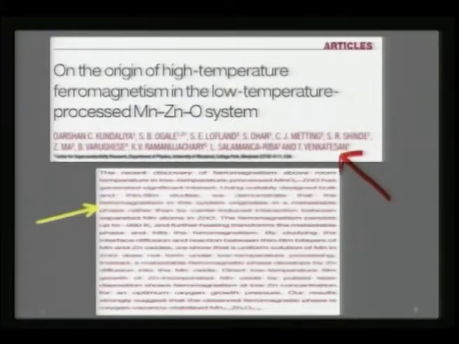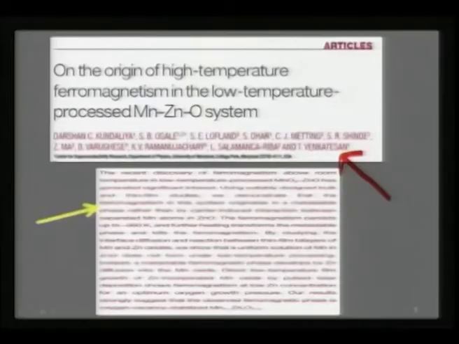This is Professor Venkatesan's group at the University of Maryland at College Park, and they came with another paper in the same magazine, that is Nature Materials, in a span of just 9 months, where they said on the origin of high temperature ferromagnetism in the low temperature processed manganese oxide compound.